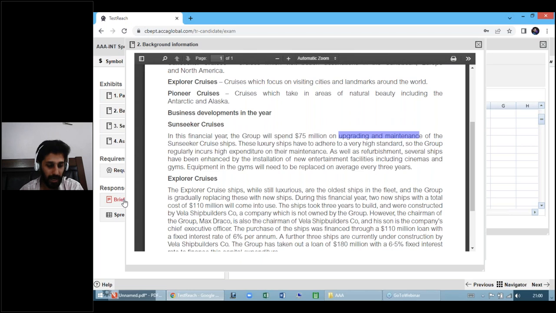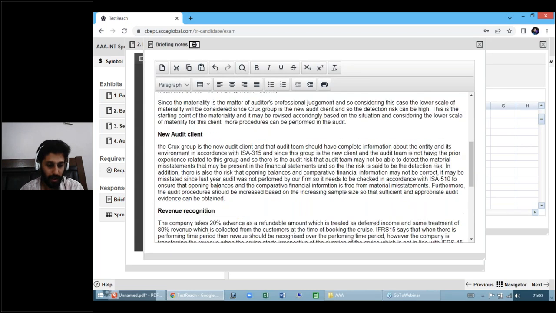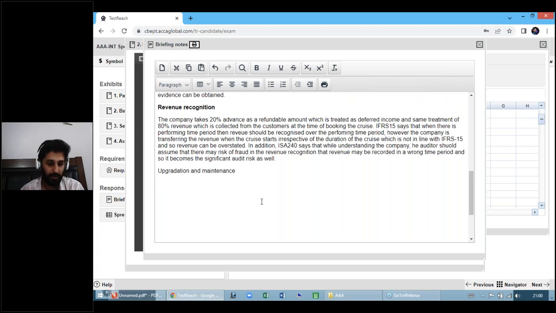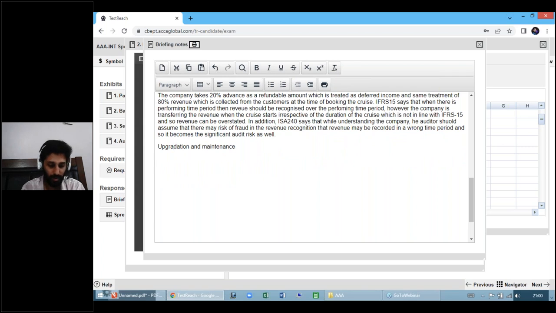Now I am putting up the heading of the upgradation and maintenance. First of all, you should write up the amount and also calculate its level of materiality, because you need to address why it is material. You need to address with a complete reason.